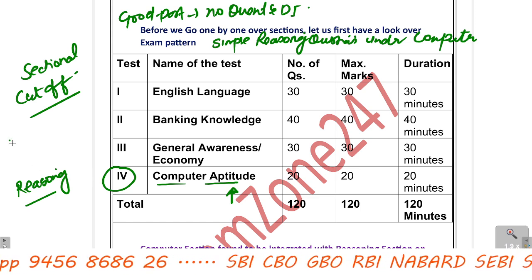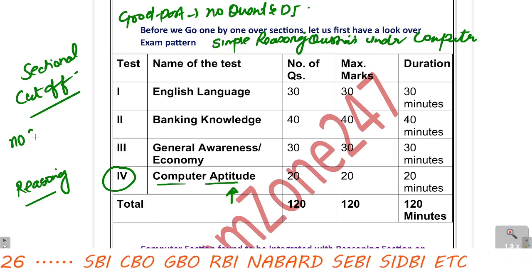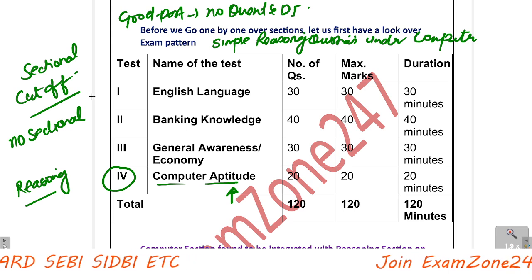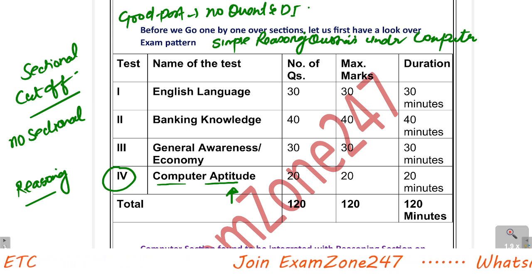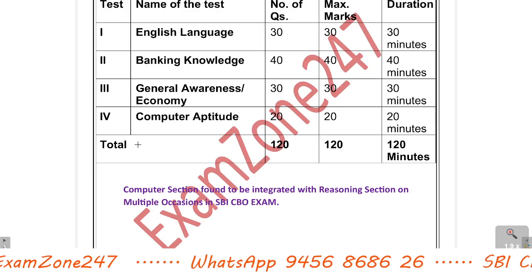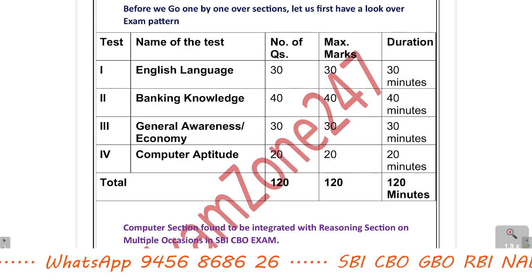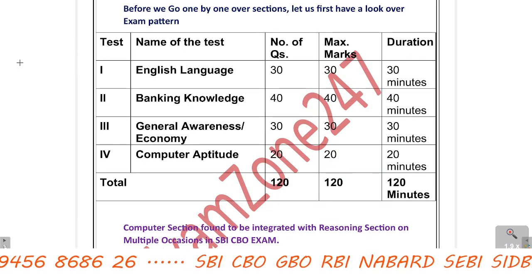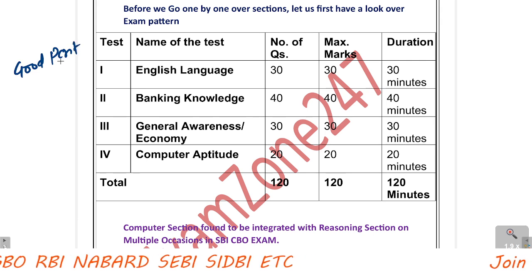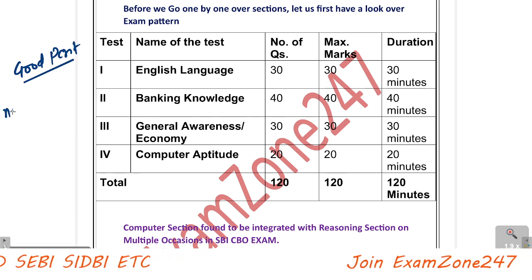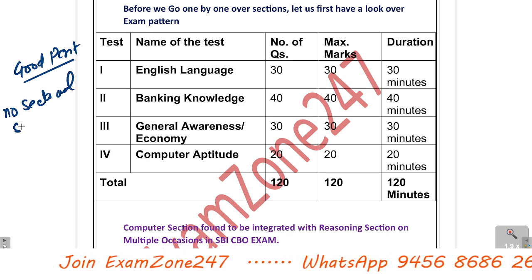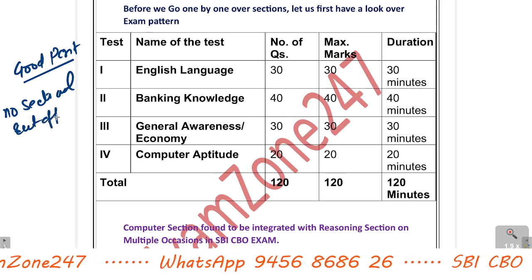Further, there is nothing quoted about a sectional cutoff. Okay, this is also a good part. We will be discussing one by one what is good and what is bad in this. First, the good part is no sectional cutoffs.